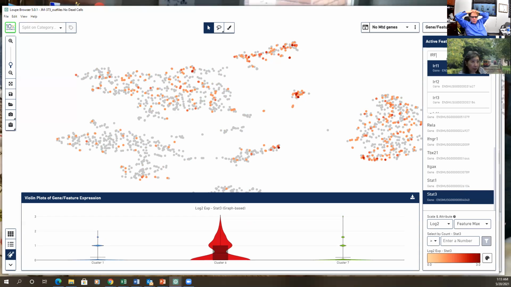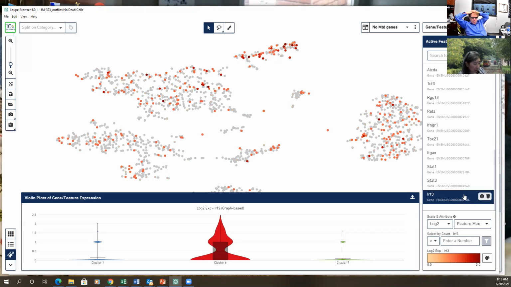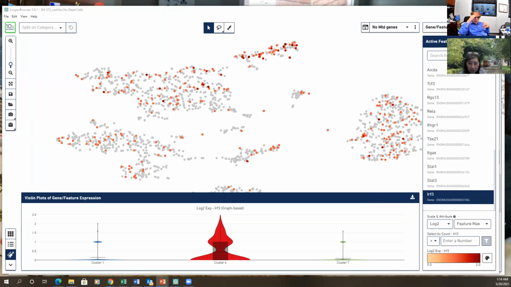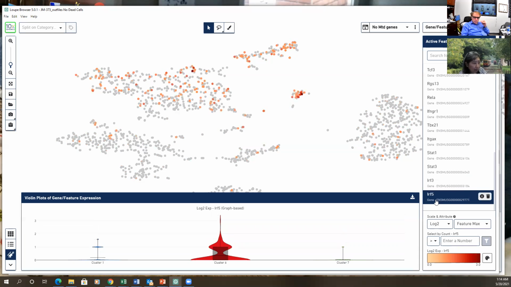All right, then the IRFs now. IRF3. It's very specific. Unfortunately, I cannot change that scale. And then IRF5. It's all germinal center specific. It's interesting, all the IRFs.